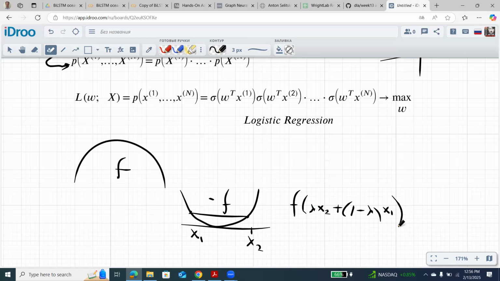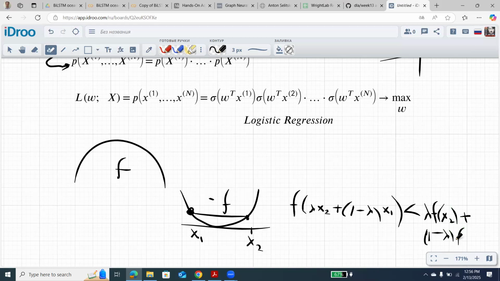So for every point in between, the value of the function should be smaller than the value on this line, and the value on this line is just lambda f at point x2 plus 1 minus lambda f of x1.